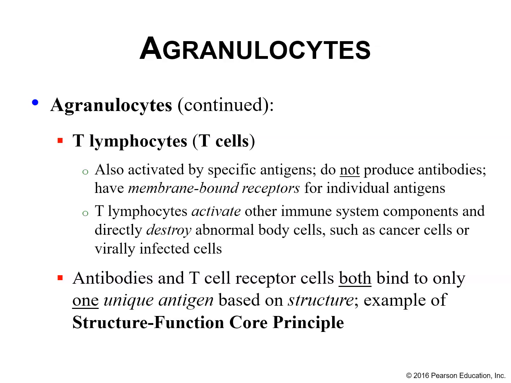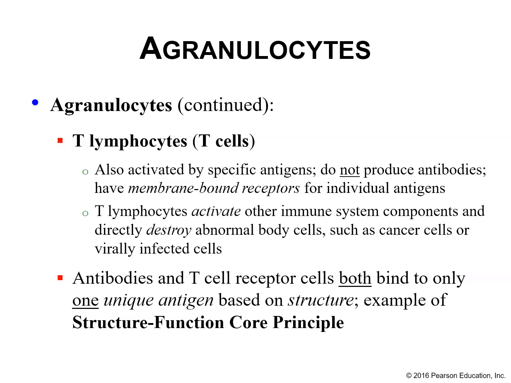Now, the other type of agranulocyte, or lymphocyte, is called the T cells, or the T lymphocytes. These are cells that are also activated by specific antigens, which are usually antigens on viruses or bacteria that have invaded the body. The T cells do not produce antibodies, however, but they do have membrane-bound receptors for the individual antigens.